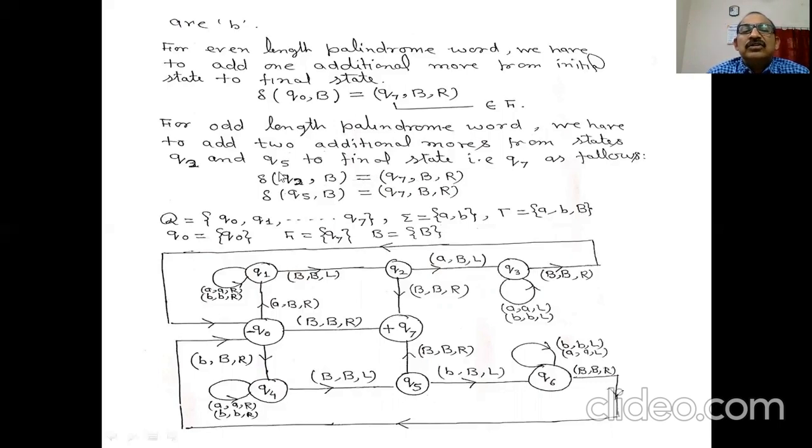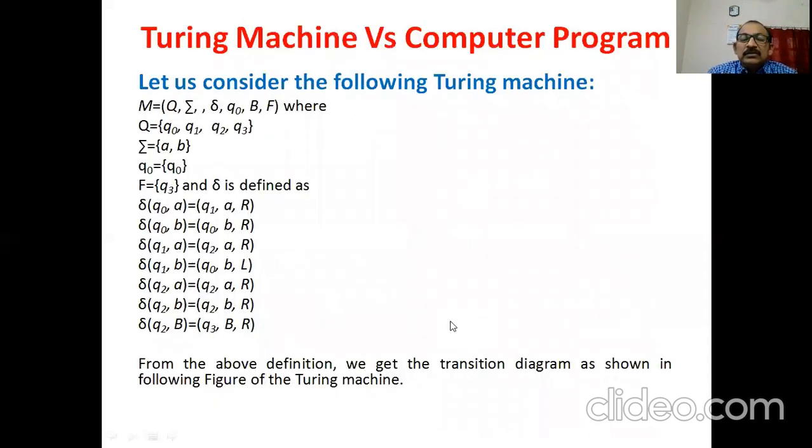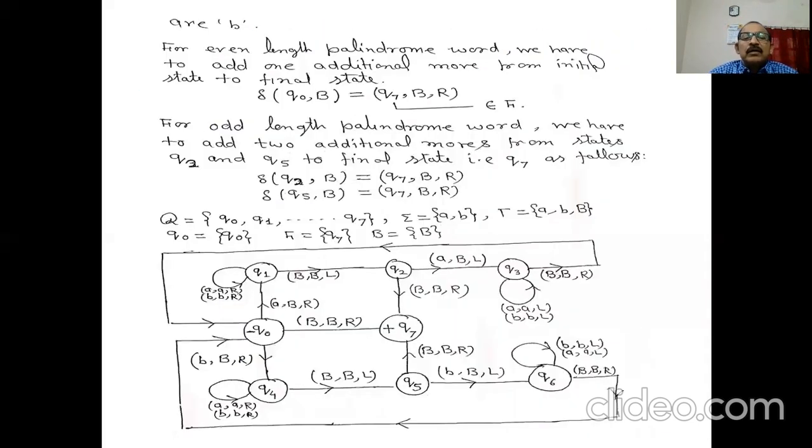During this transition function, we have used the 8 states Q0, Q1 to Q7. Sigma is AB, gamma is AB, capital B. Initial state Q0 and only one final state Q7. Blank symbol we have used this B. And you know the technique of drawing the transition diagram with the help of transition functions.